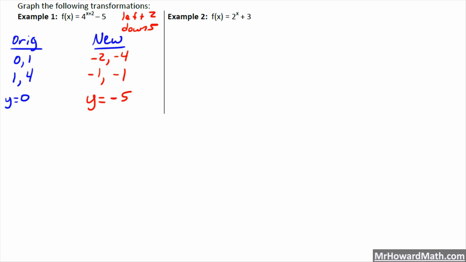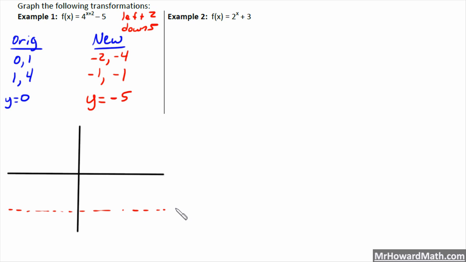So now we have enough to make this sketch. So sketch our coordinate plane in there. Have a horizontal asymptote down here at y equals -5. So that's -5 there. And then we have the point -1, -1 right here. And we have the point -2, -4 right here.